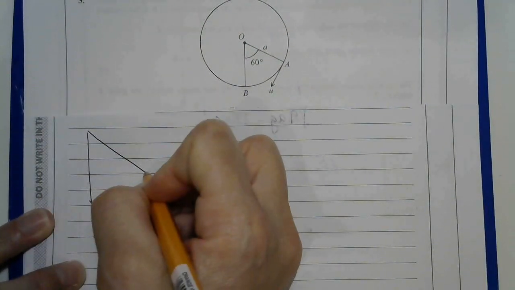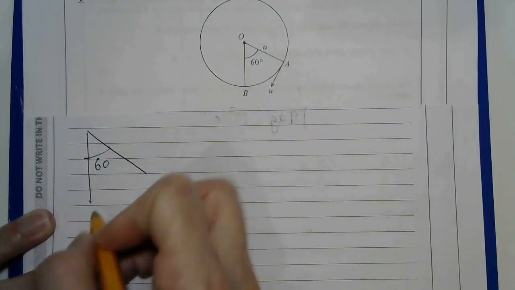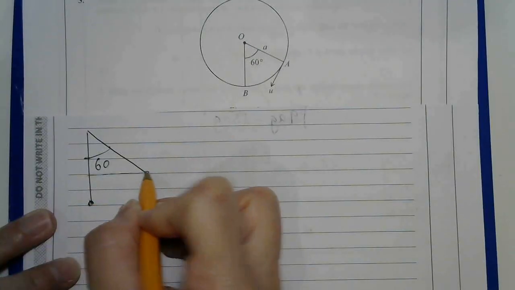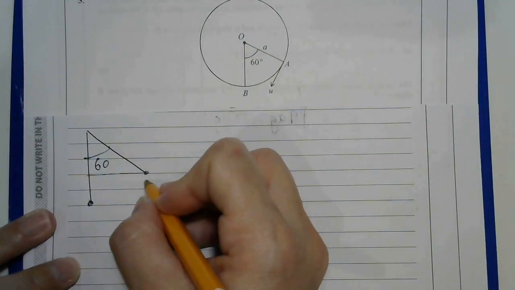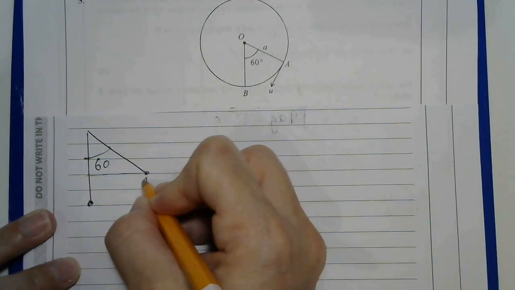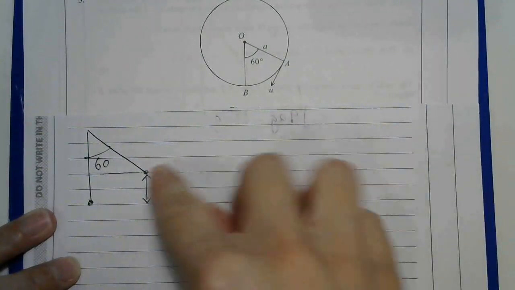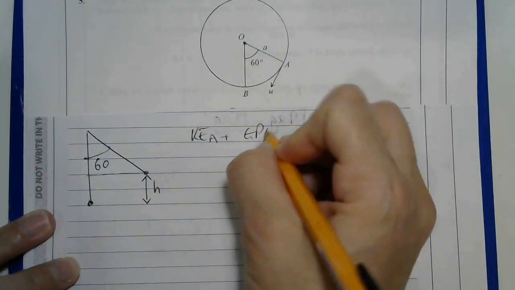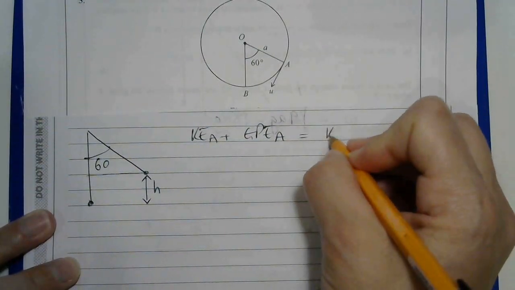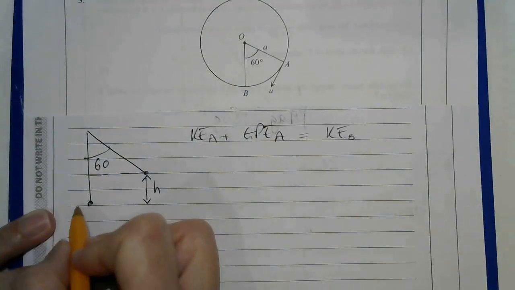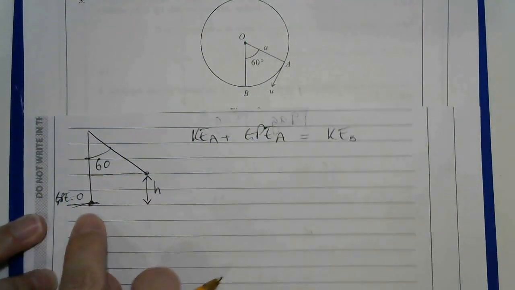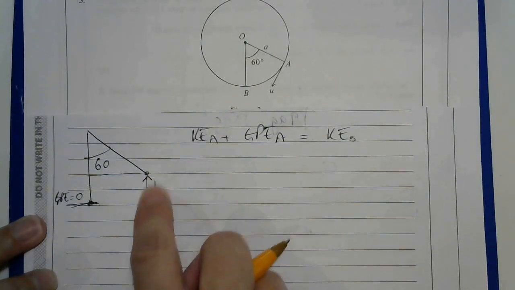If I just quickly do a sketch of this, here I have 60 degrees, and when the particle is here, I'll call this h. So I have the kinetic energy at A plus the gravitational potential energy at A equals the kinetic energy at B, taking GPE as 0 here, so I'm measuring everything from here.